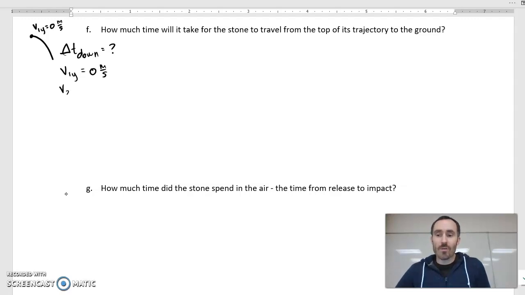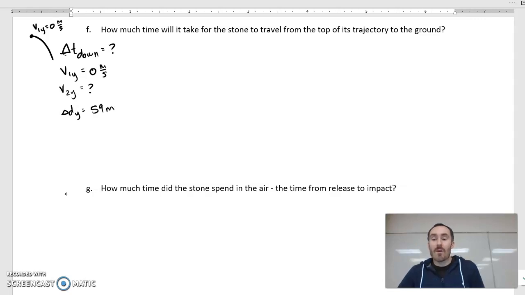That's an important thing to keep in mind. We don't know v2y. We can't figure it out yet because we need to know how much time it takes to get to the ground before we can figure out what v2y is, because in this case it's not symmetrical, right? The first half of that parabola is not the same as the second half. But we do know the distance that it falls, and that's 59 meters.